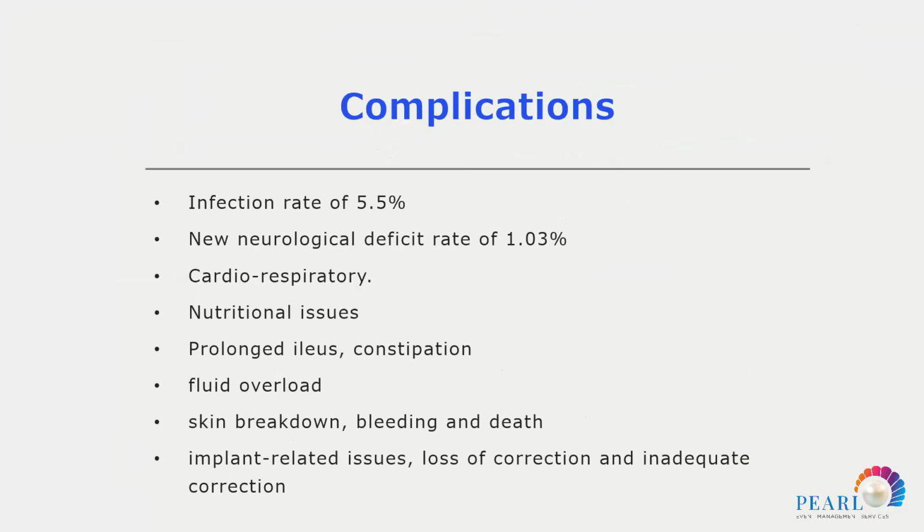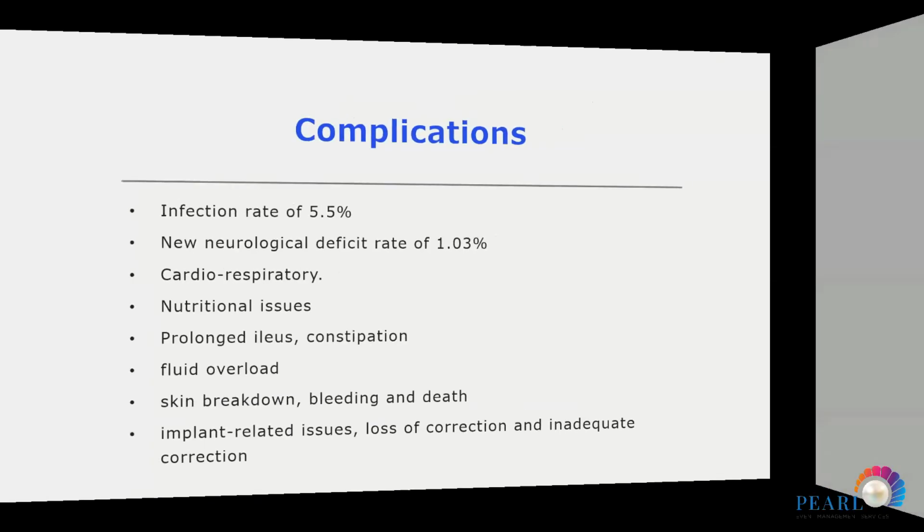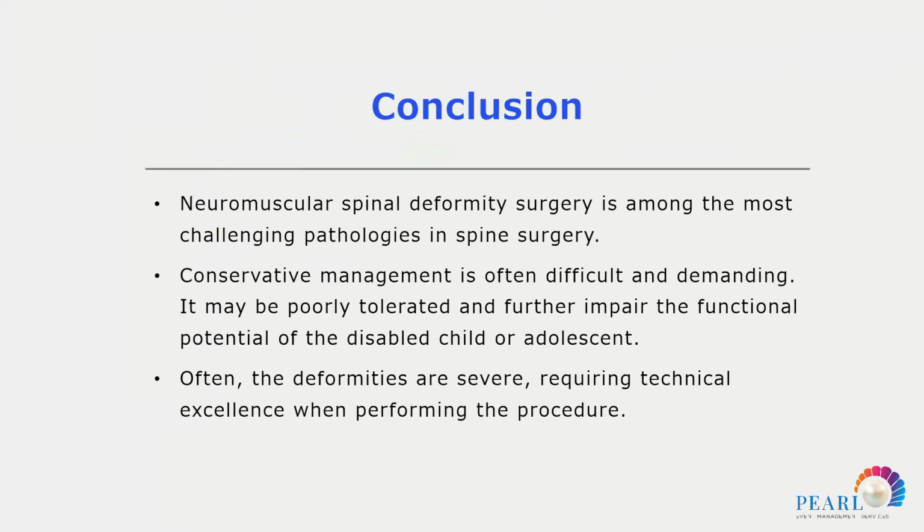Complications of this kind of surgery are too high, as we said. The infection rate is high, 5.5%. There are also new neurological deficits, cardiorespiratory problems, nutritional issues, prolonged ileus, constipation, fluid overload, skin breakdown, bleeding, and death. Conclusion: neuromuscular spine deformity surgery is among the most challenging pathologies in spine surgery.